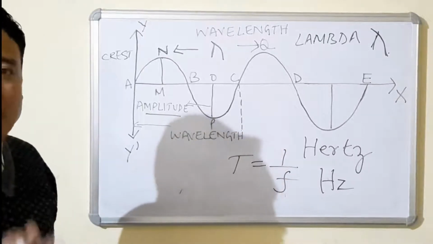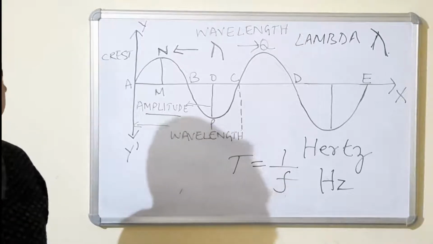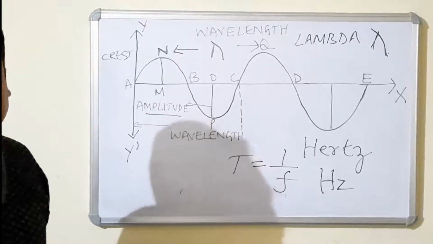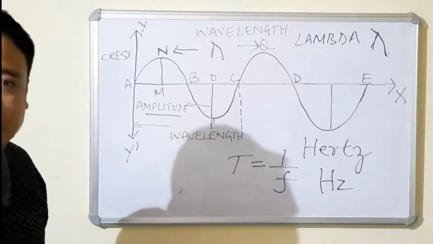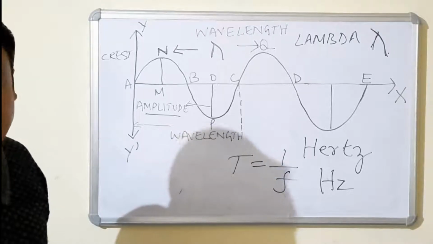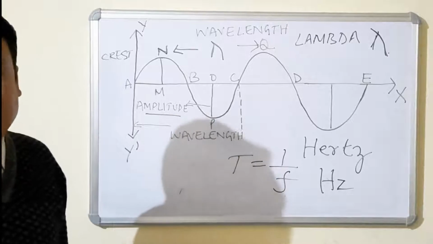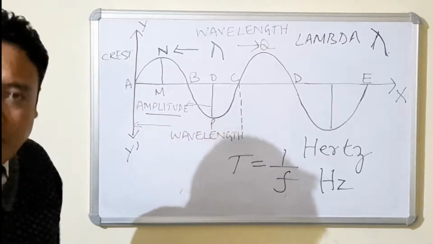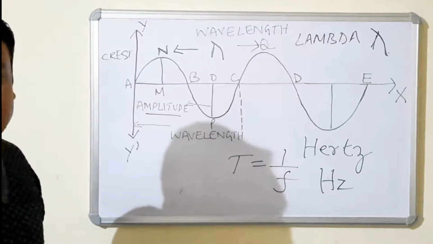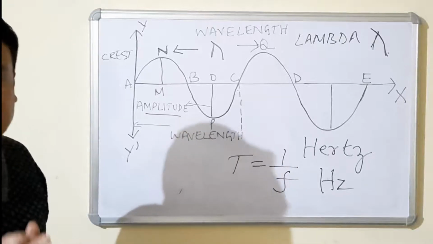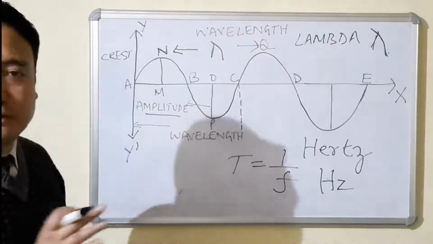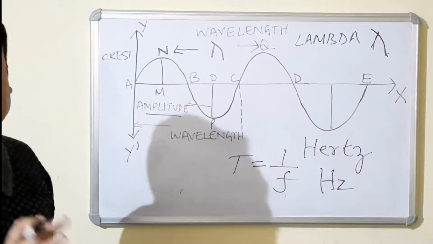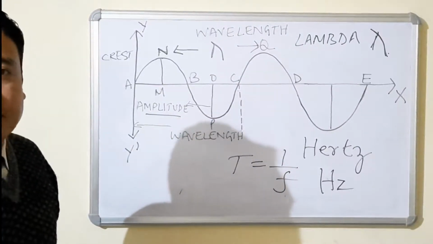The sound will not travel in a vacuum. If there is no air, you won't be able to hear the sound, because the sound has to travel in air in the form of a wave, and therefore we can say that sound is an example of a wave motion. So these are the terms you should remember when we discuss sound as a wave.